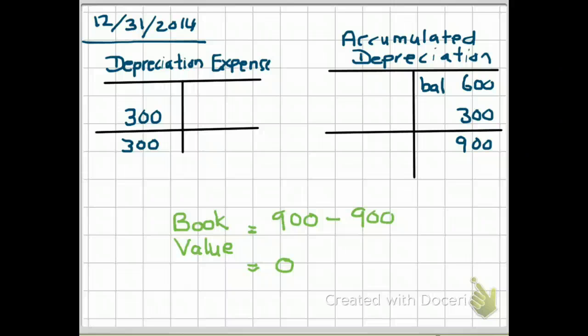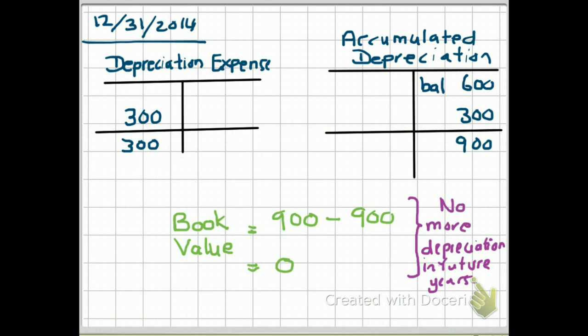You've depreciated it fully, so for future years, if the company keeps that asset in use, you are not going to depreciate it anymore. You are done with depreciation for this particular equipment. So again, for future years, we do not depreciate this asset once we have fully depreciated it.